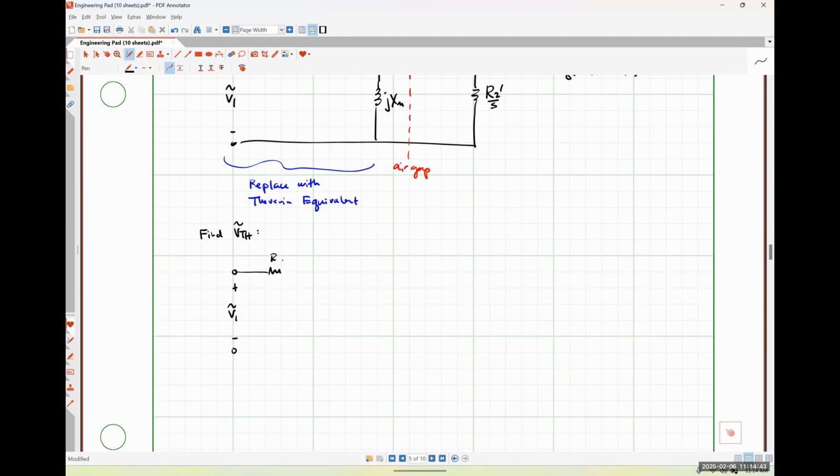Here is our resistance R1. Here is our reactance JX1. Here is our reactance JXM. Here are the open circuited terminals that we're finding the Thevenin voltage with respect to. So this is our VTH.